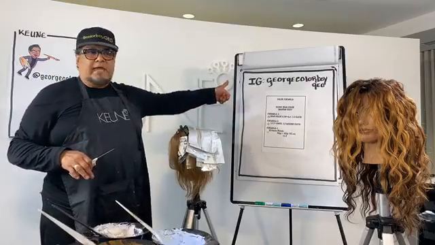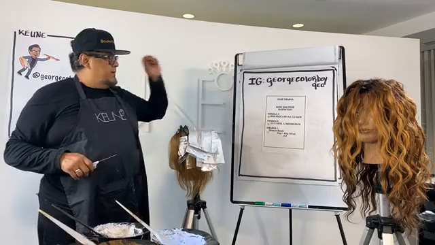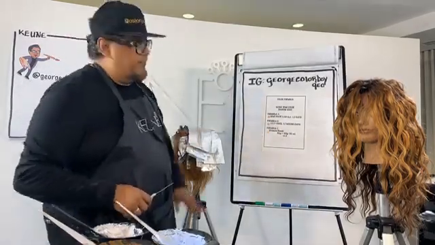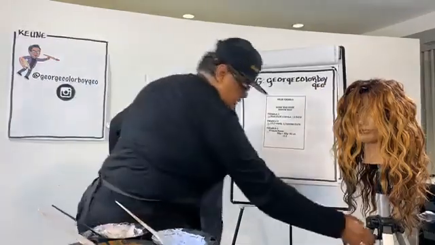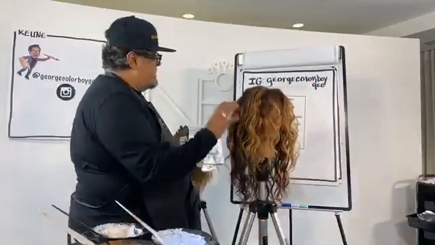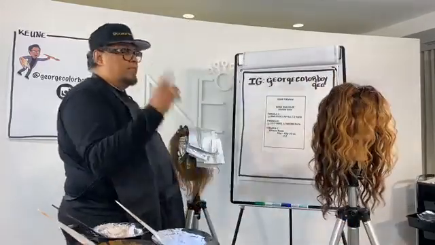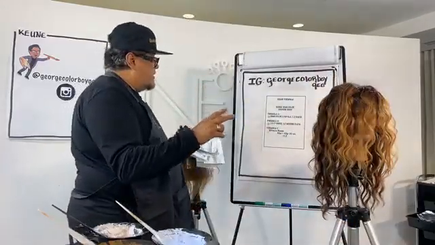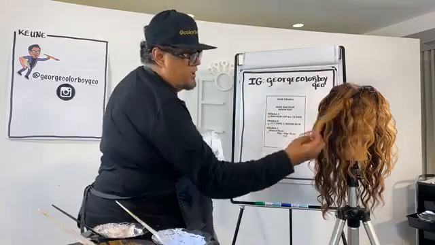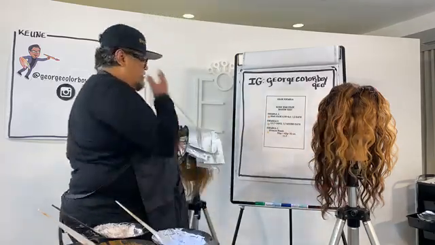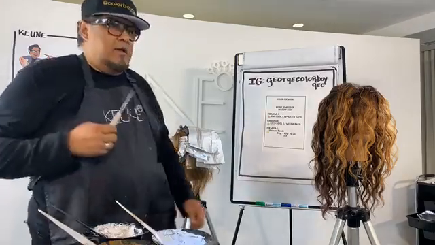First color is 638 in semi, and that's going to be 1 part of color to 2 parts of activator. That's the darkest color of all 3 that you see throughout here in the mannequin. The second one is going to be 1517, which is a high lift, 1 part of color to 2 parts of 30 volume. And then the ultimate blonde, right here, is the lightest of them, and that's going to be with 30 volume as well.